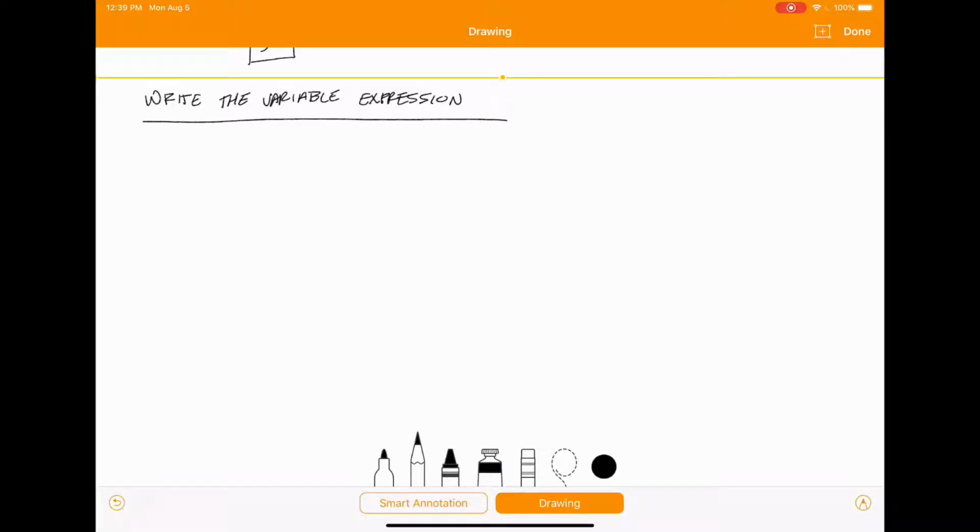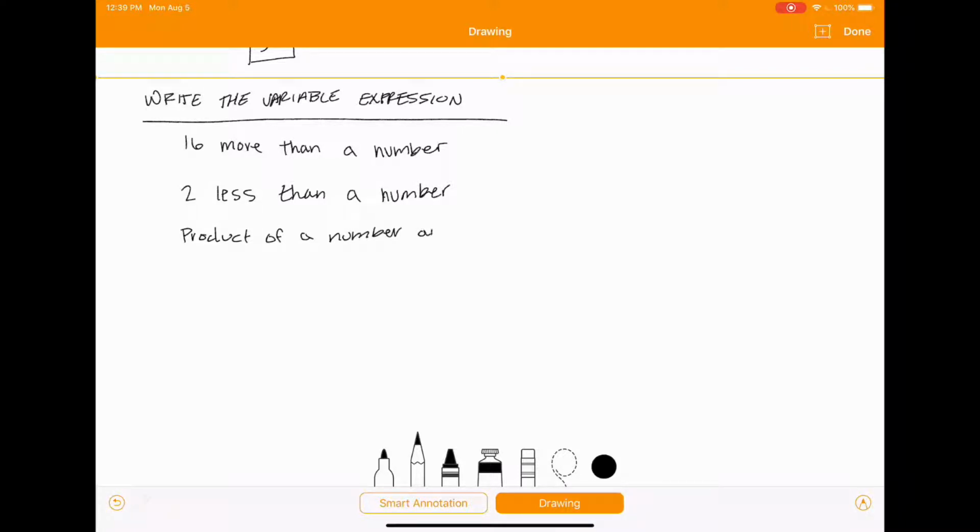And you'll be given something like 16 more than a number, 2 less than a number, product of a number and 2, things like that.